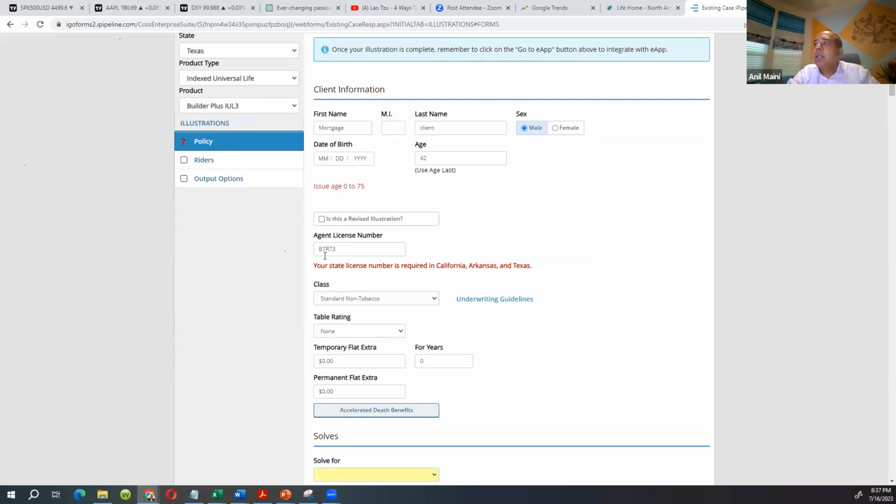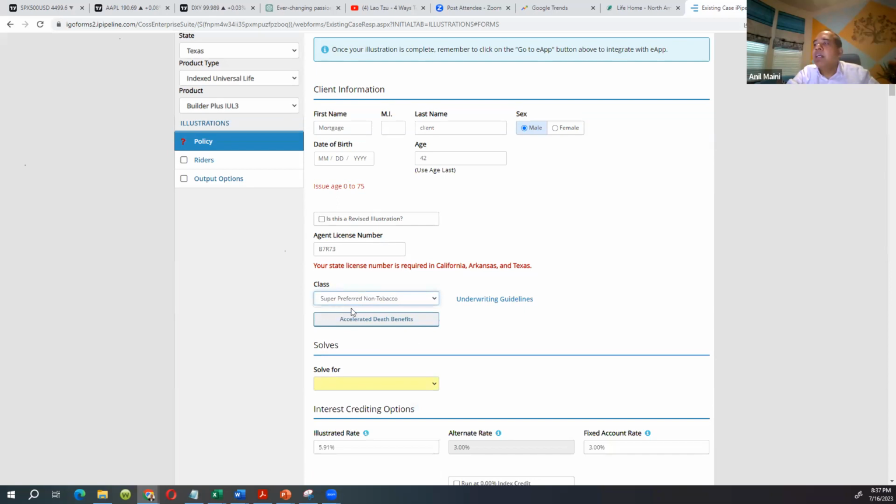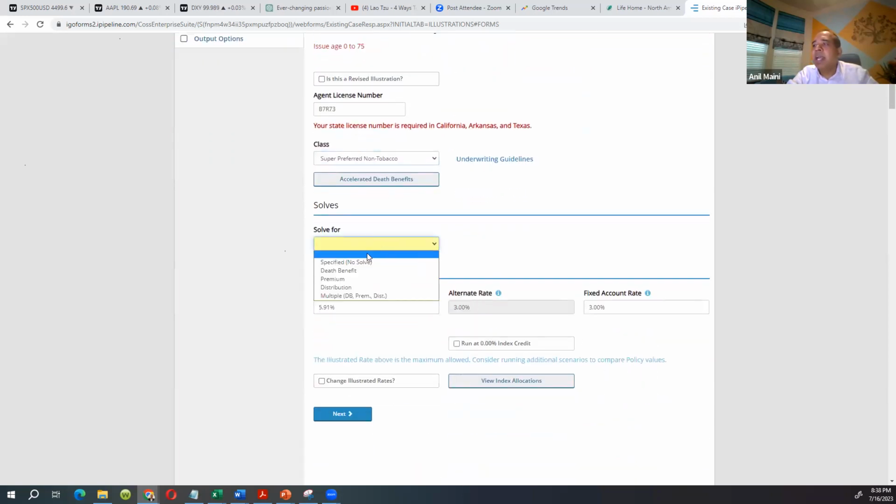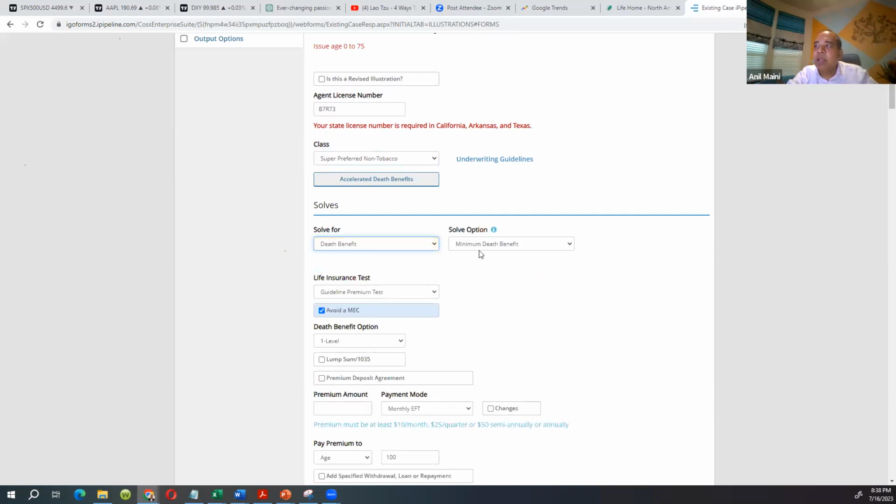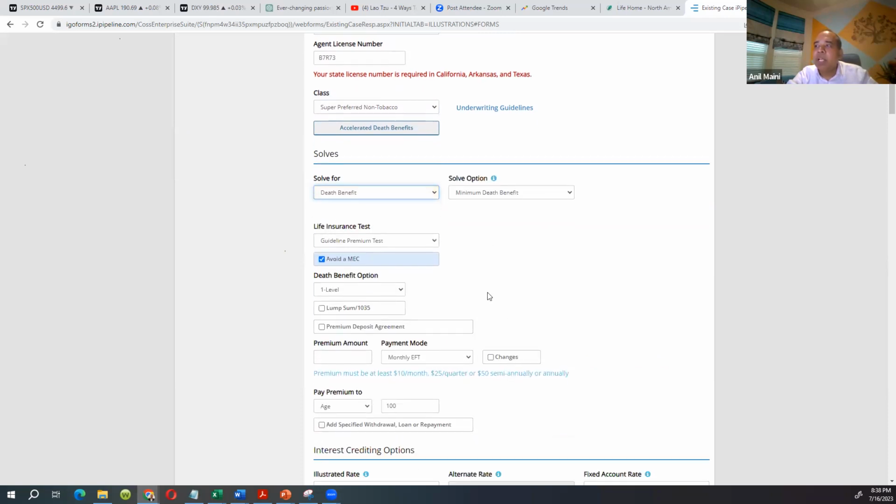So now here, we are hoping they are in the best of their health, so we took the best possible health rating. And we want to keep the death benefit to the minimum. So we will solve for minimum death benefit, okay?